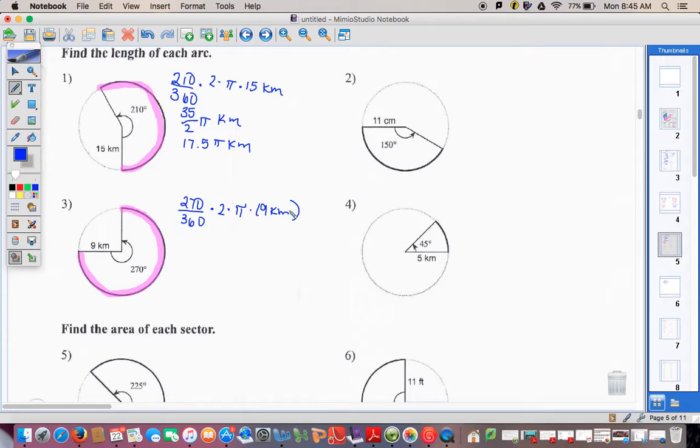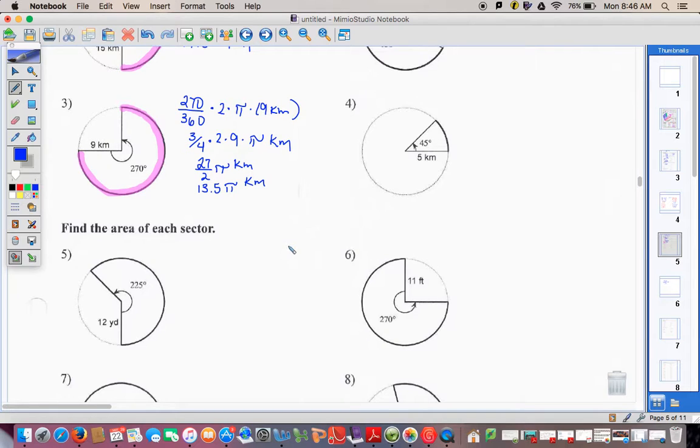So we've got 270 divided by 360, which reduces down to 3/4, times 2 times 9 times pi. So 3/4 times 2 times 9 is 27 halves pi, which would be 13.5 pi kilometers, because we still need these units.